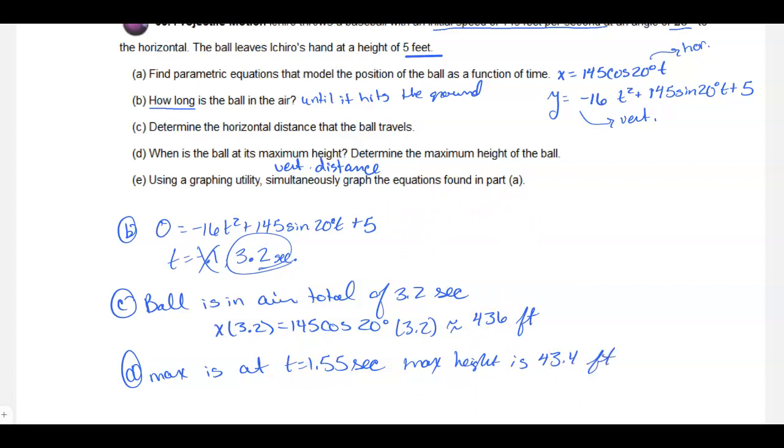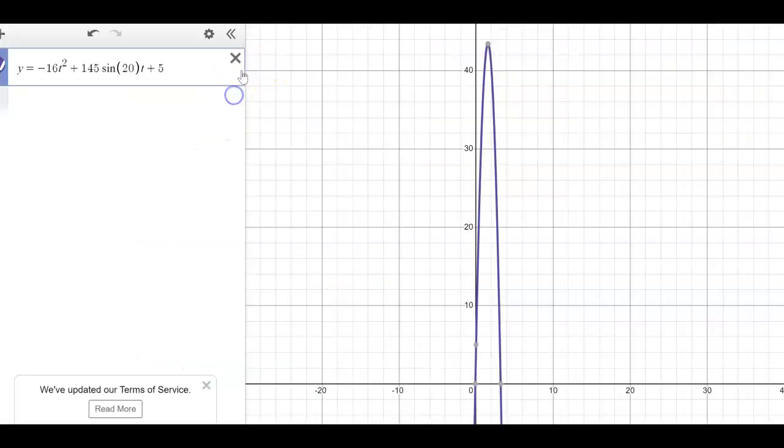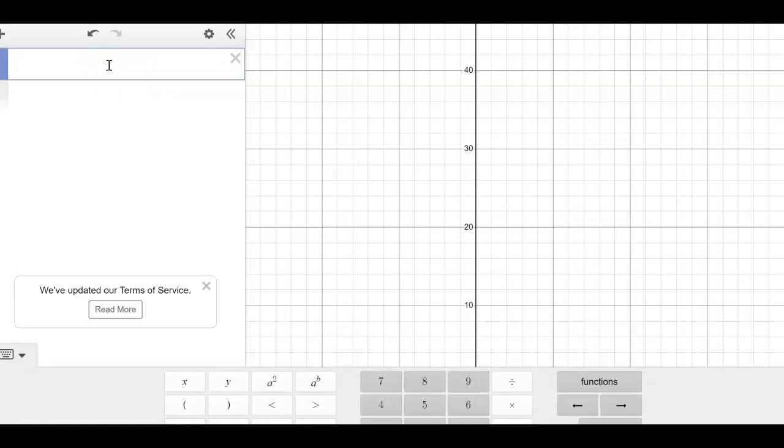So now let's graph the entire parametric equation. I'm going to go back to Desmos, delete these, and we're going to graph that whole parametric. And when we graph both pieces, we're going to see how this object is moving. So 145 cosine of 20 degrees times t, that's my x.